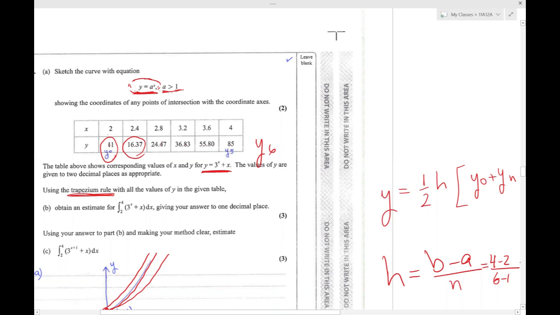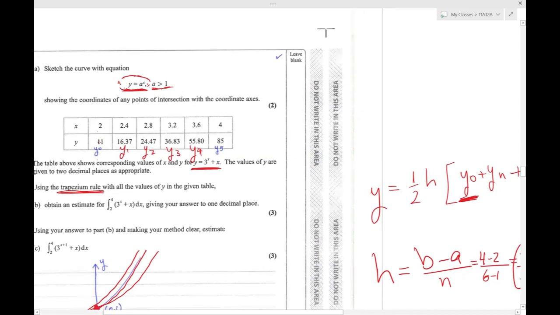Now, if we started with y1, this would be y6. It doesn't matter, but since the formula starts with y0, you go for y0. So this is y0, this is y1, this is y2, this is y3, this is y4, and this is y5.